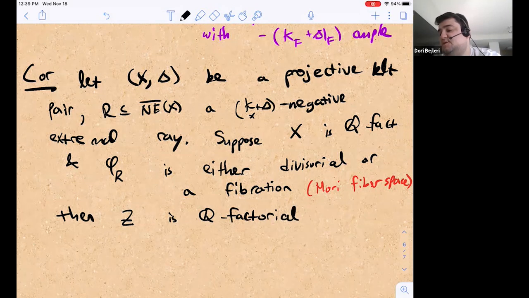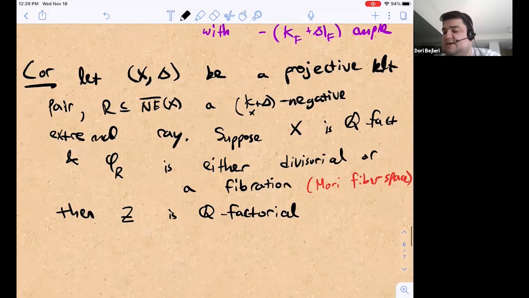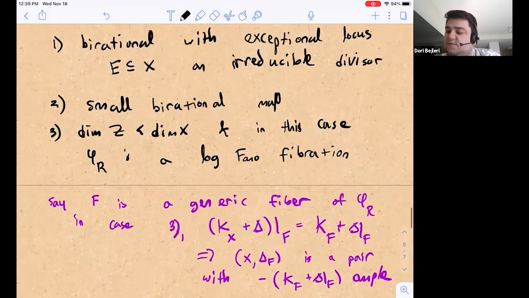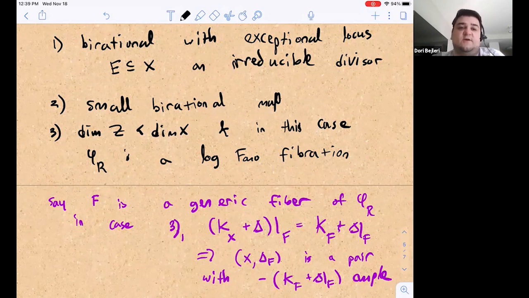So contrast this with what we said in the case of 2 when we have a small birational map. We did this when there was no boundary, but we showed that for a small birational map, when you just have an X and no boundary, then Z just can't be Q-factorial. And it's the same exact thing here. If we have the small birational map, even with a boundary, then again Z just cannot be Q-factorial.